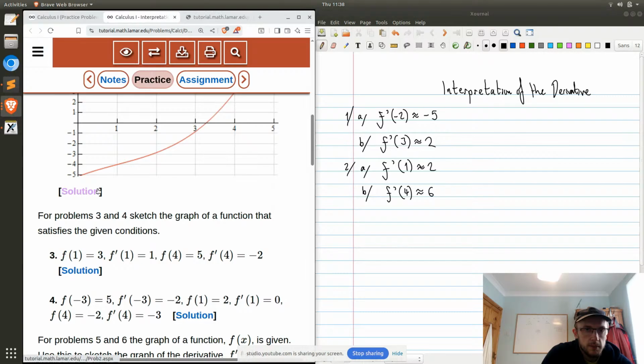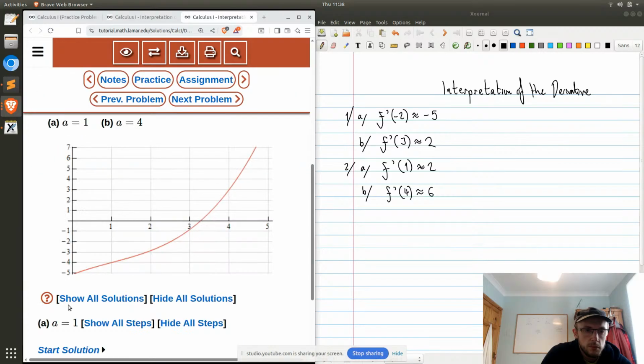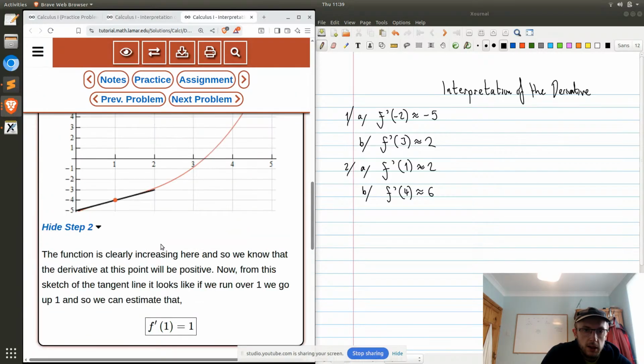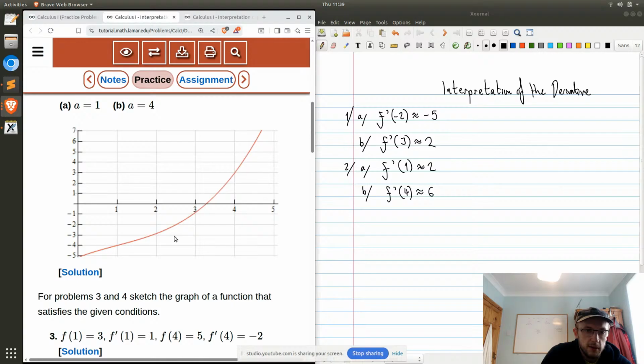Okay, they believe it's closer to 1. Oh, right. Okay. I see why that is. To be fair to them, yes, that really is closer to 1.